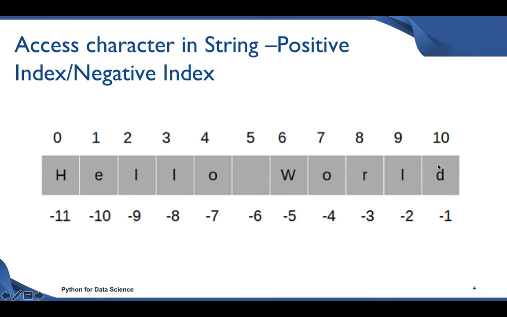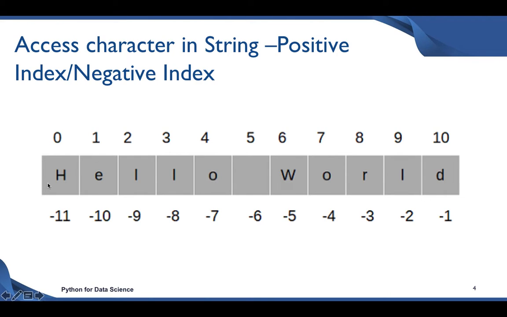We have already seen this while doing the list part, positive indexing and negative indexing. So this indexing concept is similar throughout our data types. It is the same as in tuples, the same as in lists, and the same as in strings also.